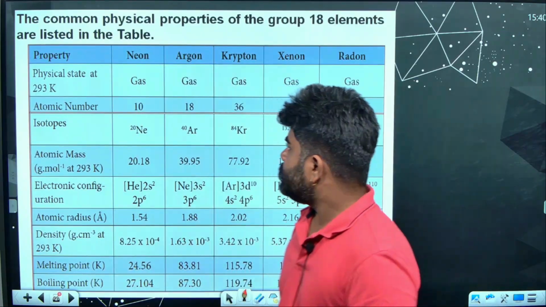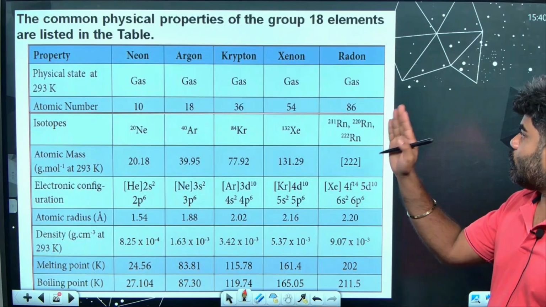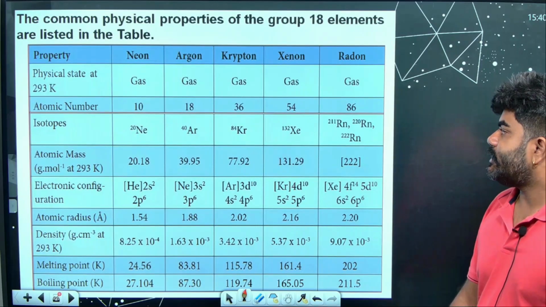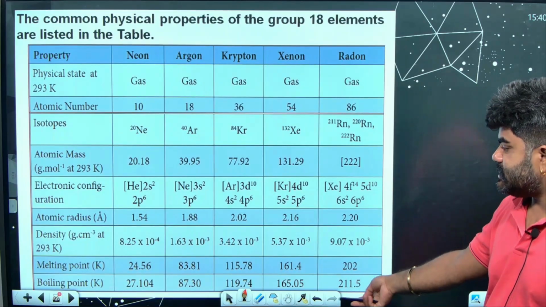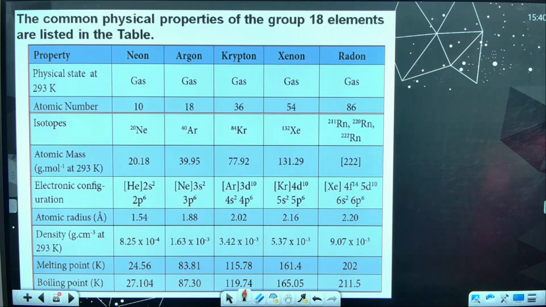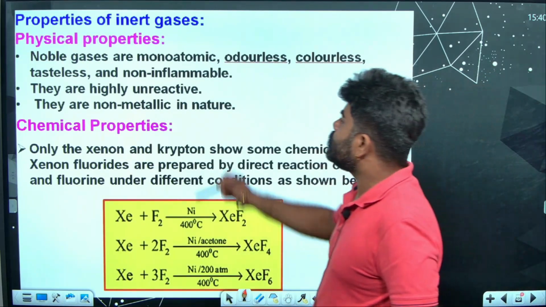Now you can see the physical properties of each noble gas, that is neon, argon, krypton, xenon and radon. You can see the electronic configuration, atomic radius, density, melting point and boiling points respectively. Looking at the properties of these inert gases, you see that they are monoatomic.